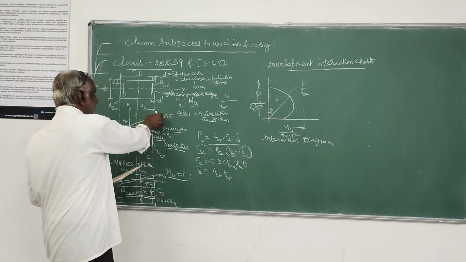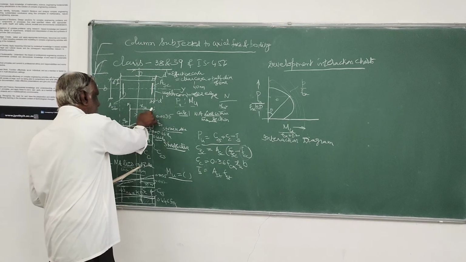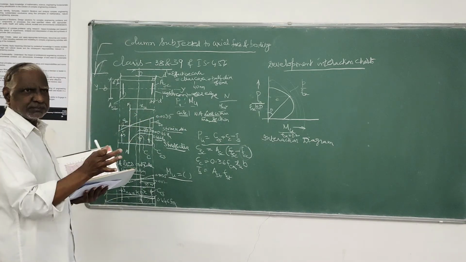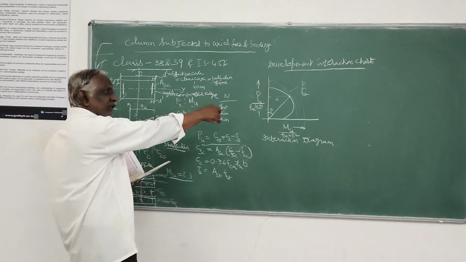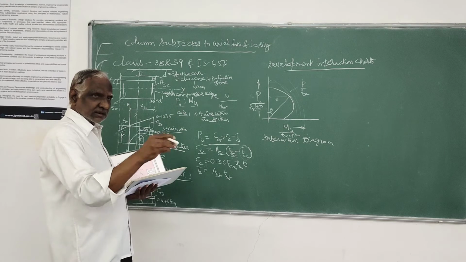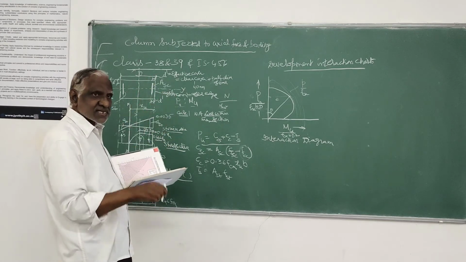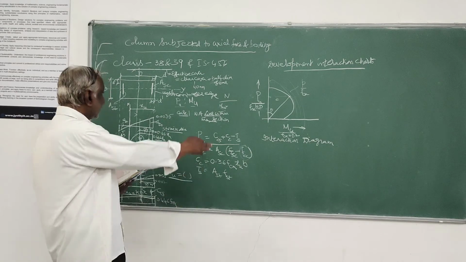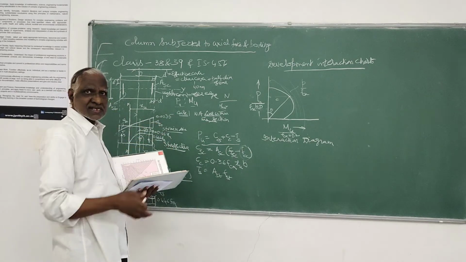Though it is plotted for a given assumed Xu value, that is the depth of neutral axis, we can find out the eccentricity also from this, because generally we take the eccentricity into account in our actual design problem rather than the neutral axis depth.